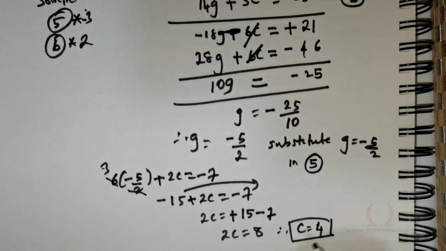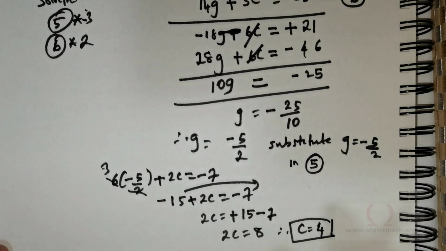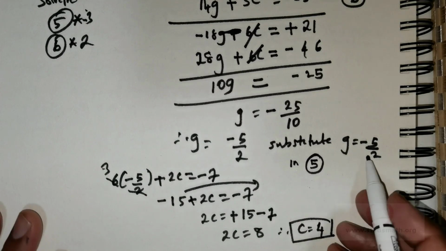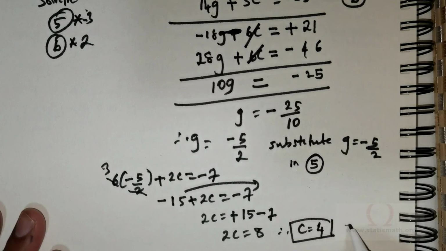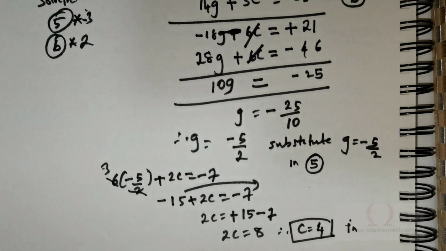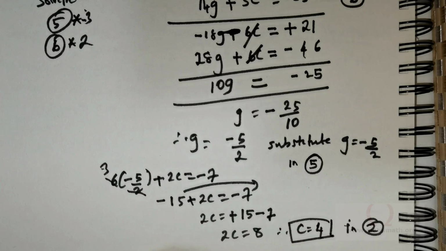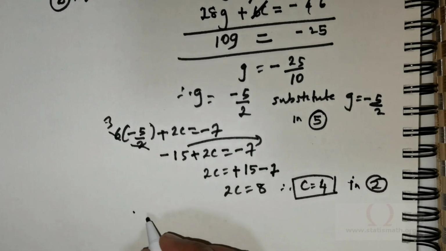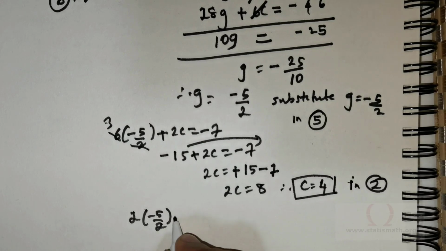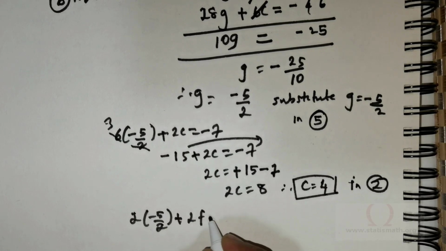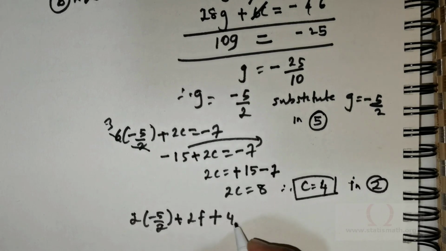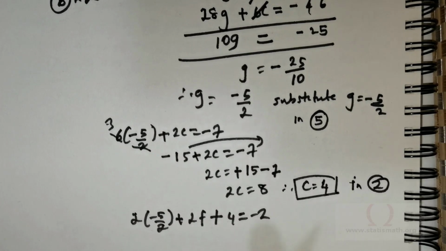So I've got my value for c, and I would use the value of g and value of c, say, into one of these given equations. Say, let me use it in 2. So if I were to use it in 2, it's going to be 2 times my g, which is negative 5 over 2, plus 2 times f, my c is 4, is equal to negative 2.